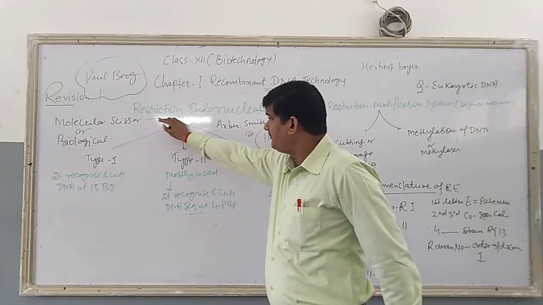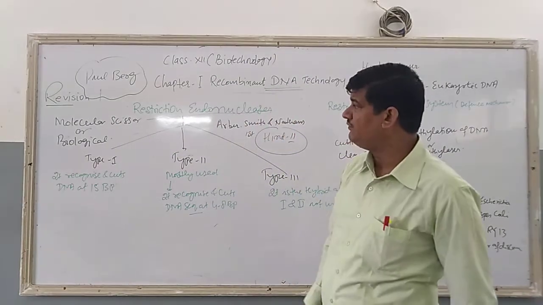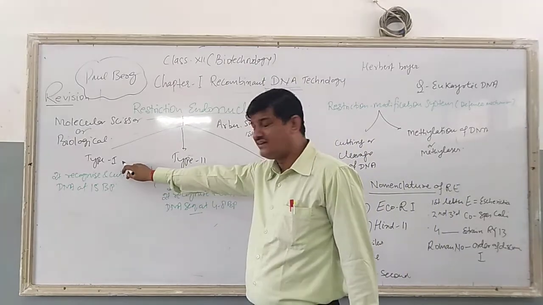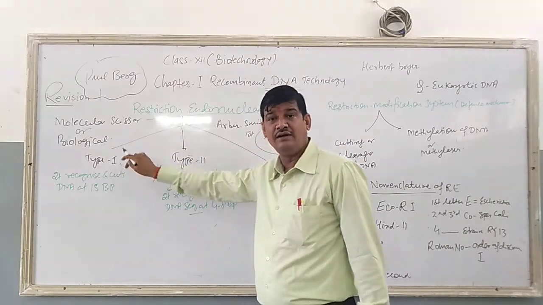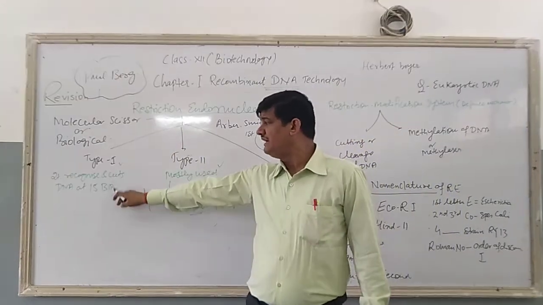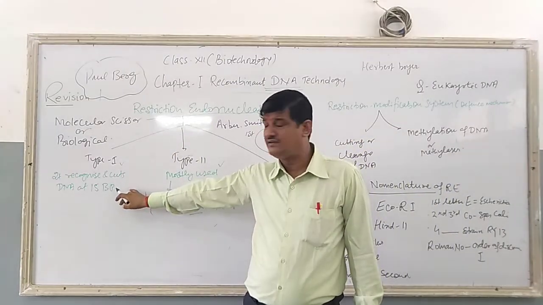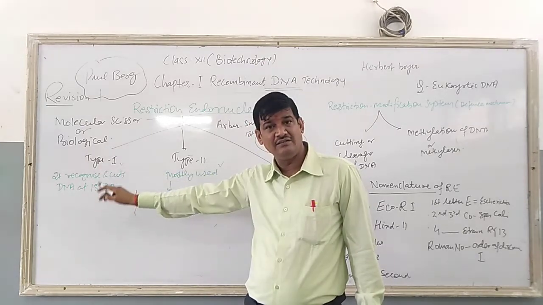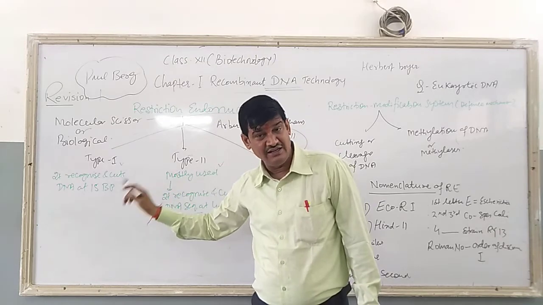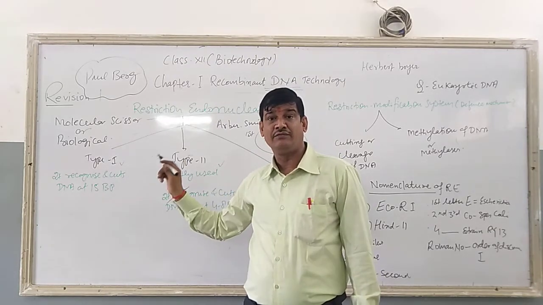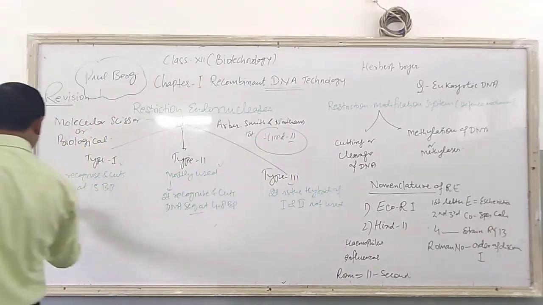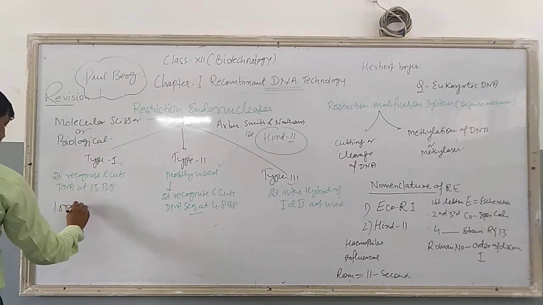Children, there are three different categories of restriction endonucleases, and they are categorized as type 1, type 2 and type 3. Type 1 recognizes and cuts the DNA sequence at 15 base pairs, and it cuts the DNA strand at the 5 prime end, about 1000 base pairs away.